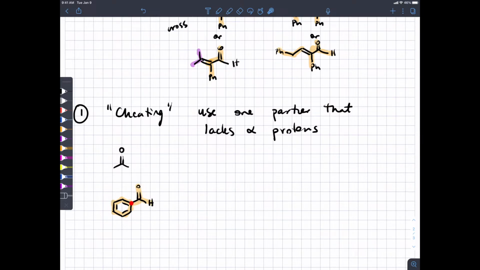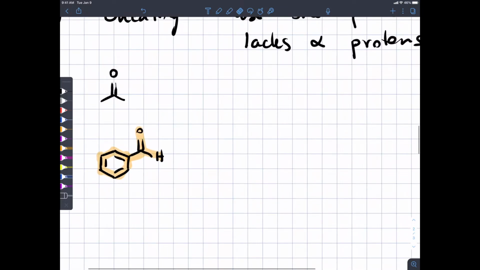This carbon already has 4 bonds. There are no alpha protons on that carbon. If you are thinking there's an alpha proton on that carbon, you need to go back and review skeletal structures. You can't form more than 4 bonds to carbon, so there's no alpha proton there, which means this one cannot form an enolate, and therefore must be the electrophile.